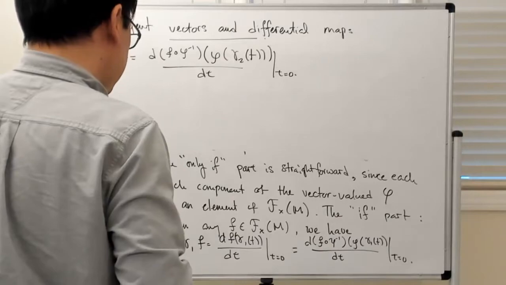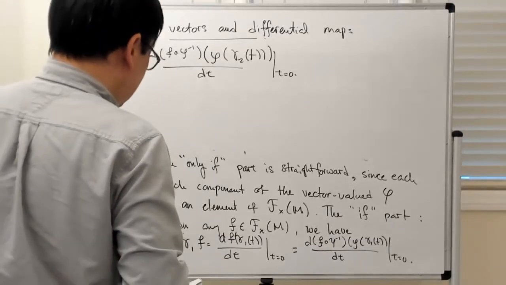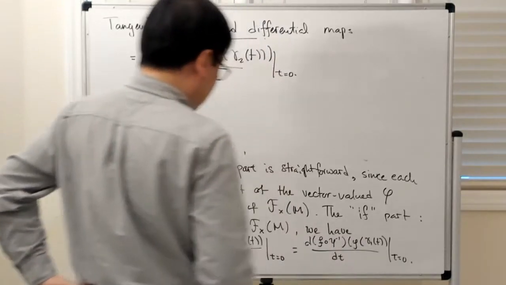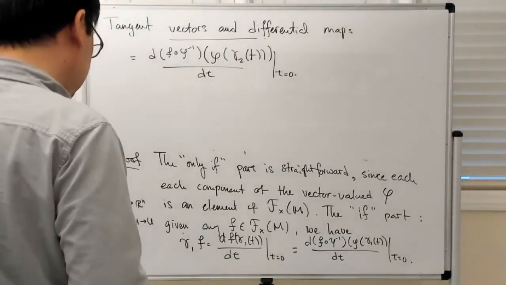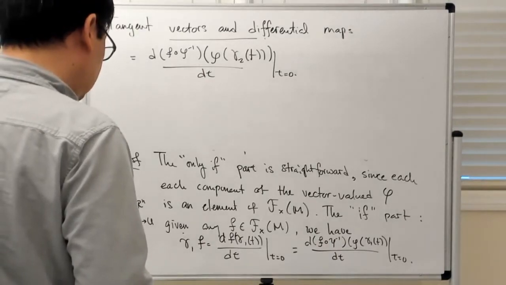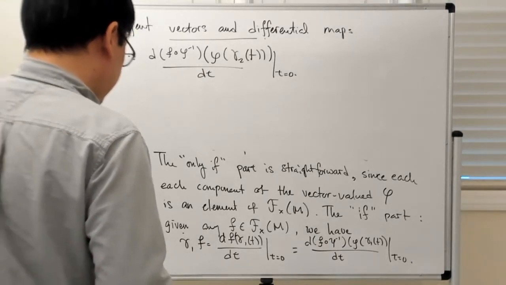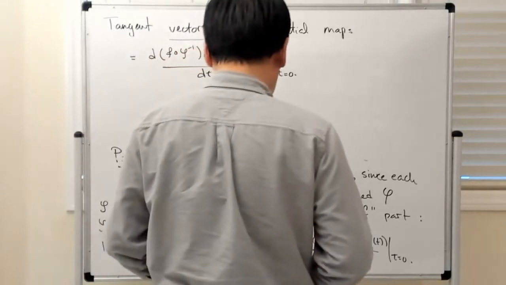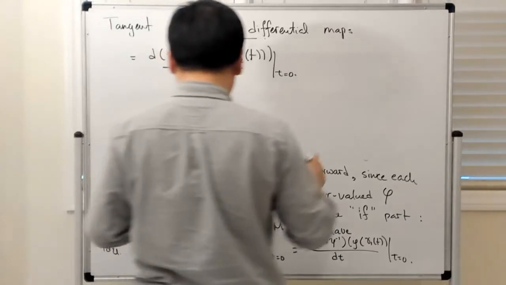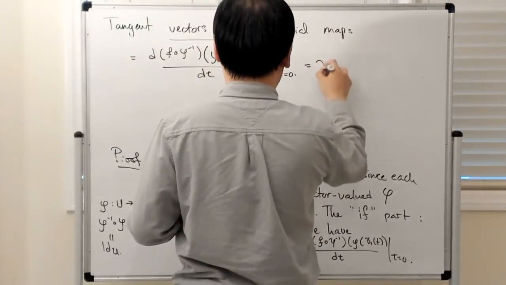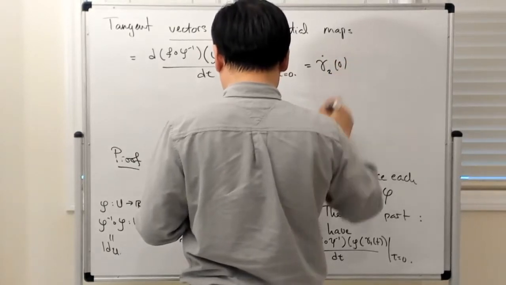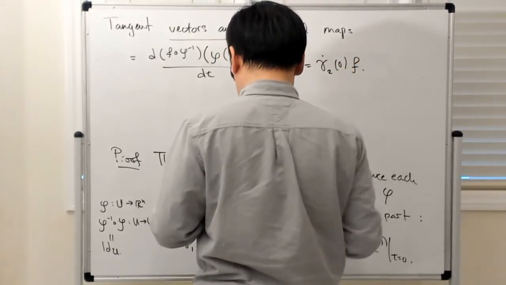Okay, then we have that equality because of that composition, and this is of course nothing more than gamma 2 dot at 0 acting on f.